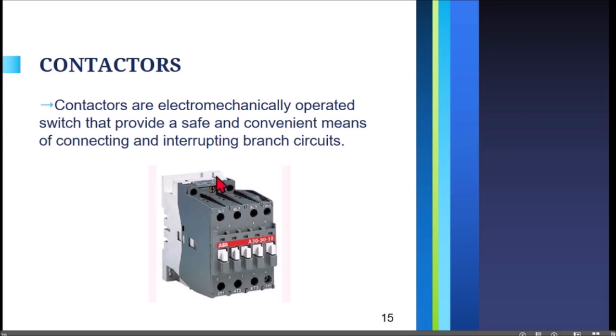If you are going to wire this one, the supply wires will connect on these three terminals. Below are T1, T2, and T3, the terminals where the terminals of the motor will be connected.